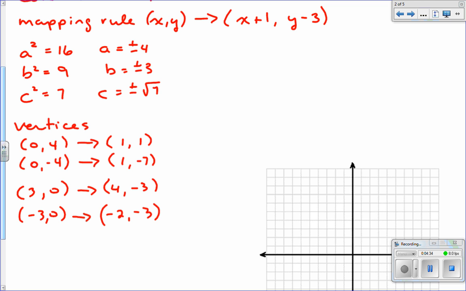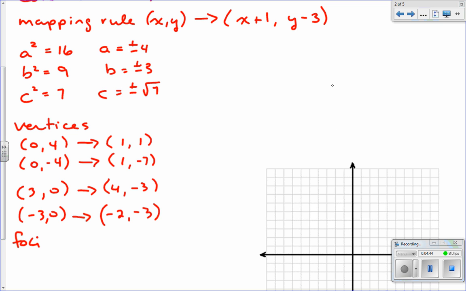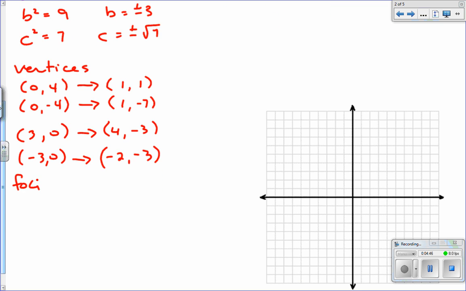And our foci originally would have been at (0, root 7) and (0, negative root 7).